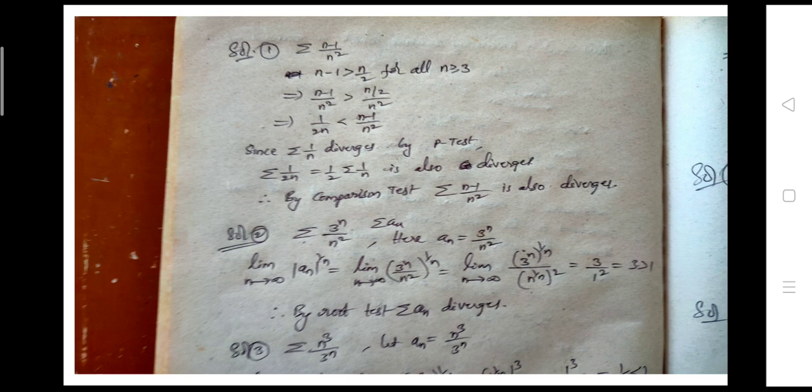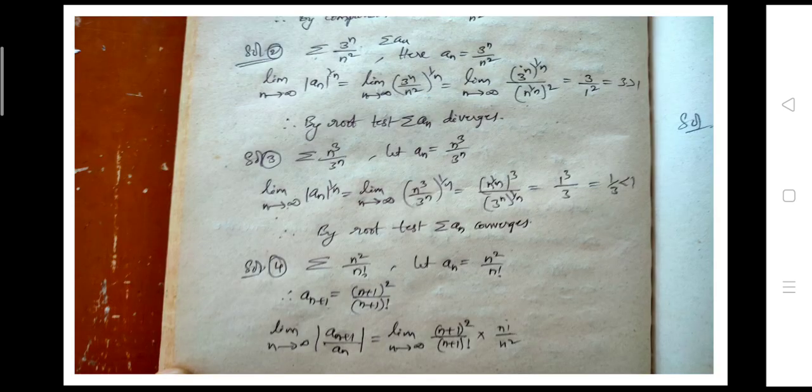Here nth root of n is equal to 1, and (3 power n) whole power 1 by n is 3. So this is 3 by 1 square, equal to 3, and 3 is greater than 1. Therefore by root test, sigma a_n diverges.